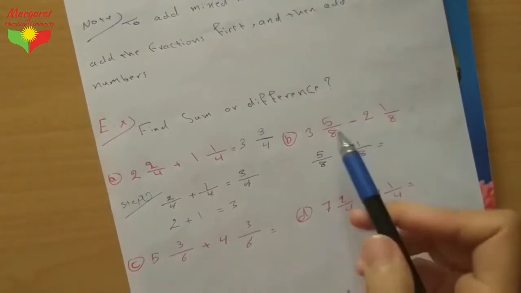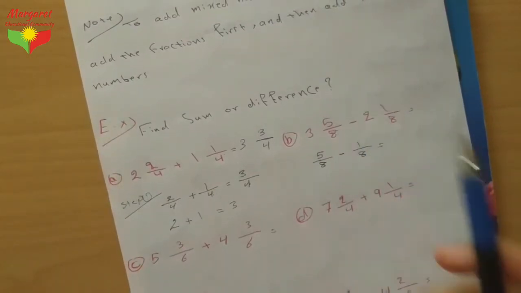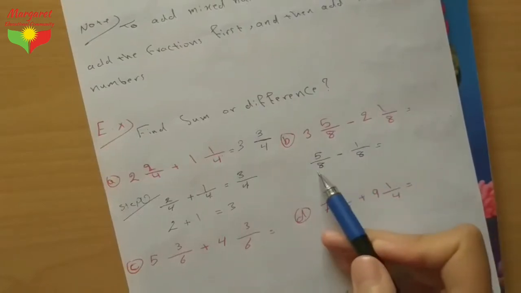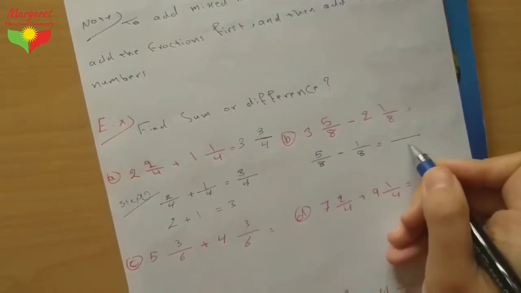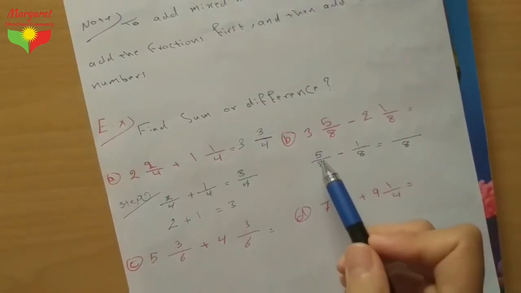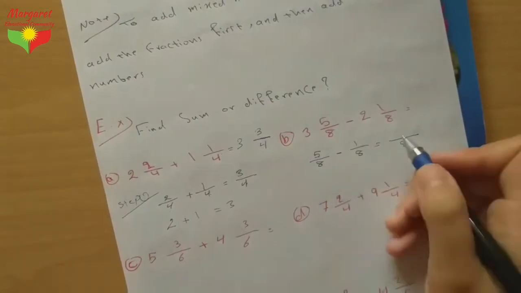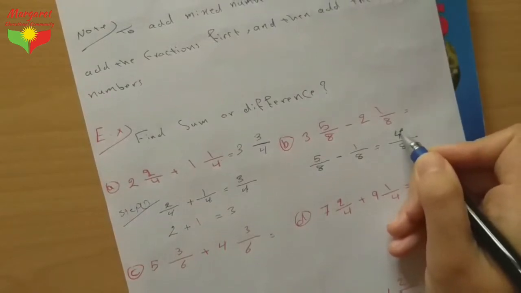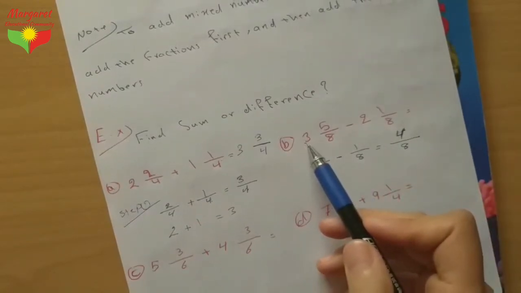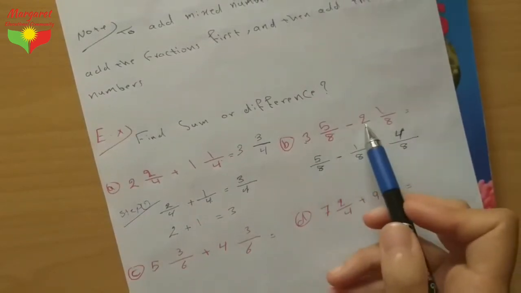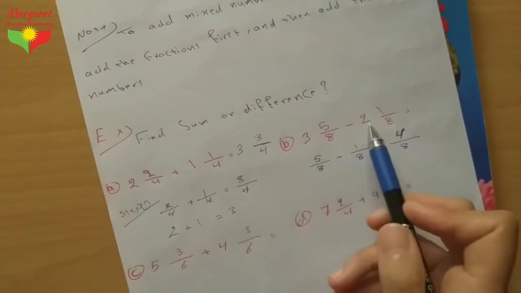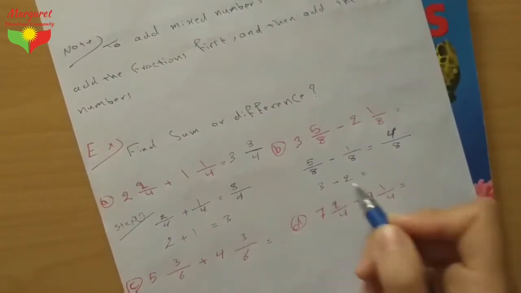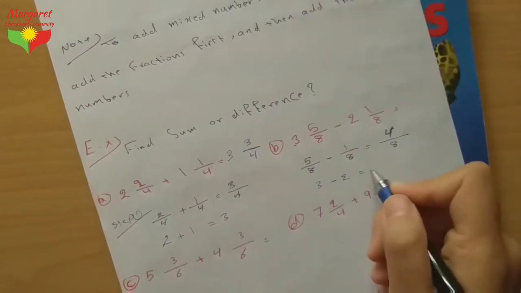We have the same denominator, of course, so keep the denominator and subtract the numerators: 5 minus 1 equals 4. After that, subtract the whole numbers: we have whole numbers 3 and 2, 3 minus 2 is 1.